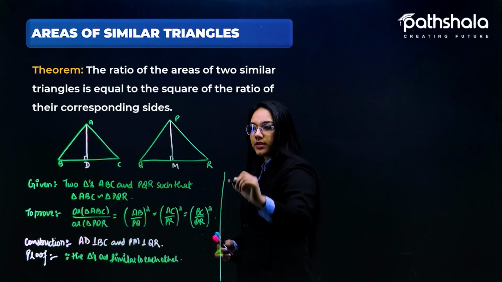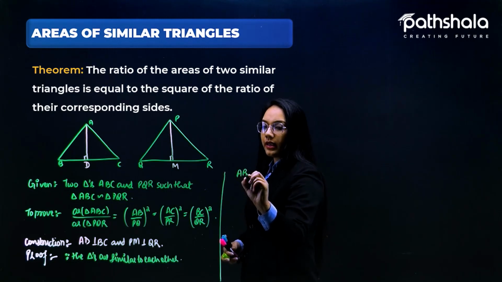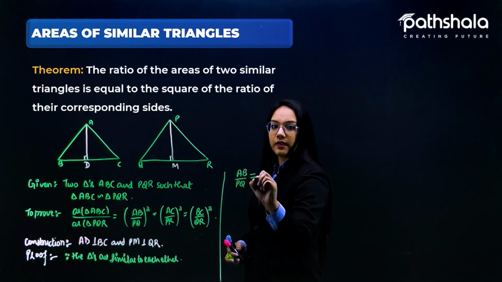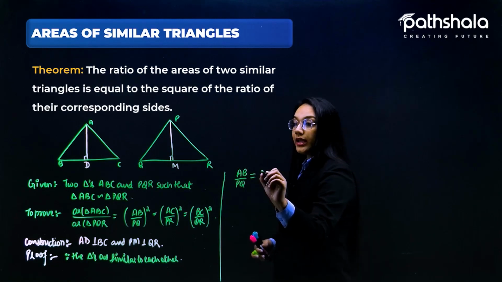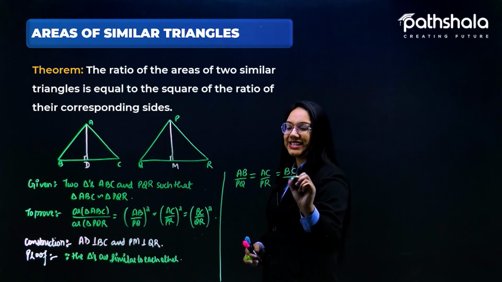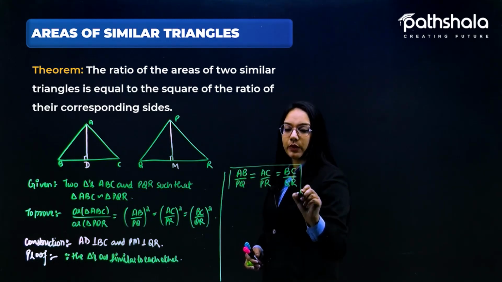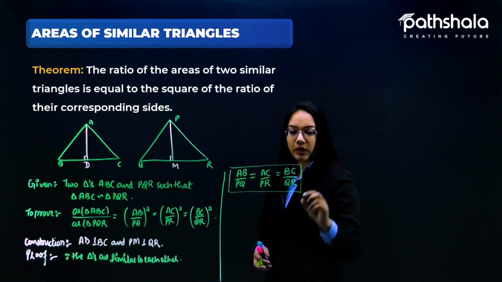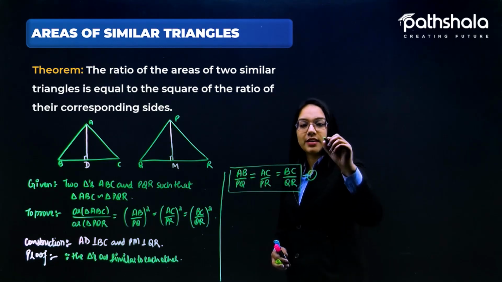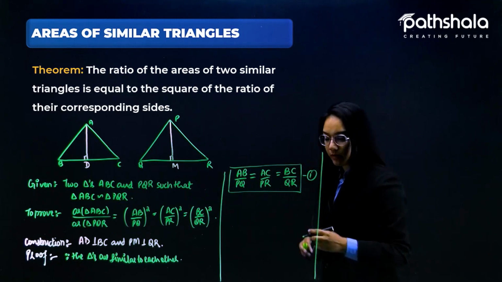We can say that AB by PQ is equal to AC by PR, which is equal to BC by QR. We know about this fact: if the two triangles are similar to each other, then their corresponding ratios are equal. Let us call this equation number 1.